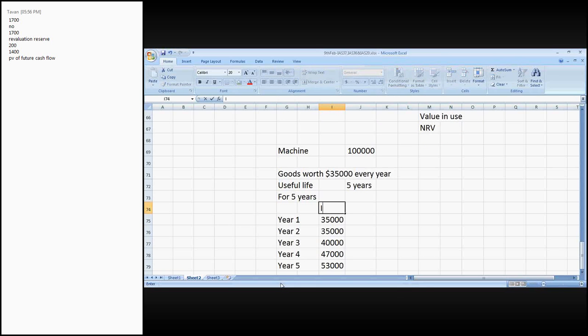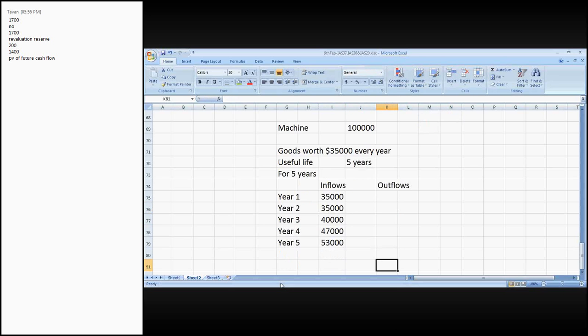These are the inflows. There may be some outflows to produce it, some expenditure of running this machine. Basically, the cash flows that I can generate from using this machine.